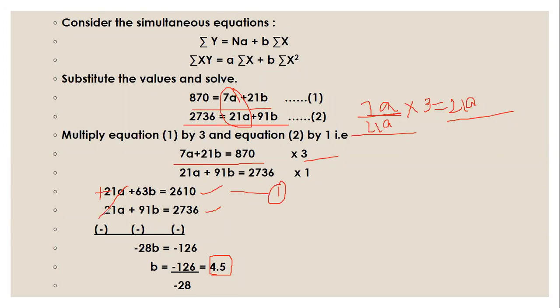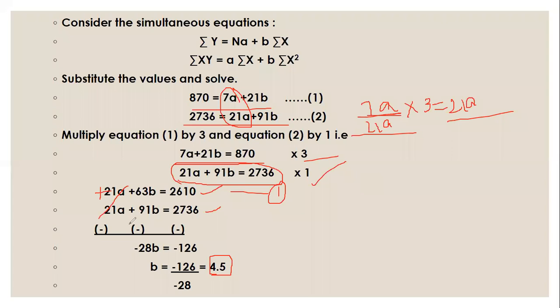Then coming to the second equation, since the second equation already has 21A, I need not multiply it with any big number. I will be multiplying that with 1 so that I can retain the equation. 21 into 1 is 21, 91 into 1 is 91, 2736 into 1 is 2736.